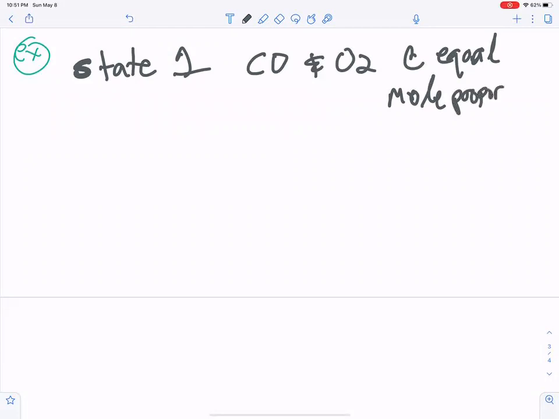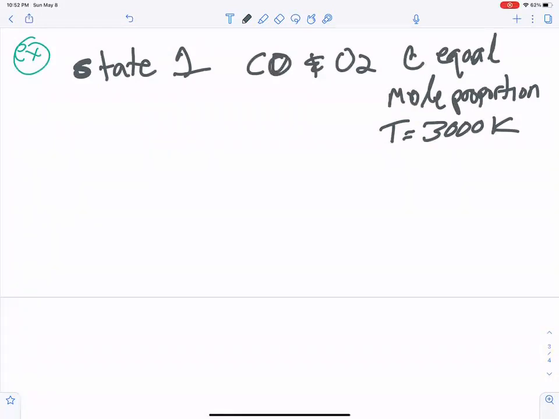So it's not that there's 1 mole of CO and 1 mole of O2. They can be, but we don't know. It's like 5 to 5 or 10 to 10, 1 to 1. They're both equal mole proportions. And it's T equals 3000 Kelvin in this chamber. So that's a closed chamber containing CO and O2.